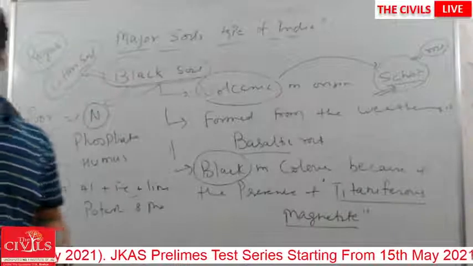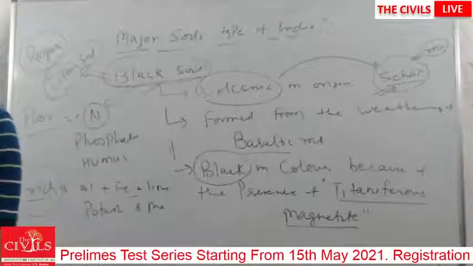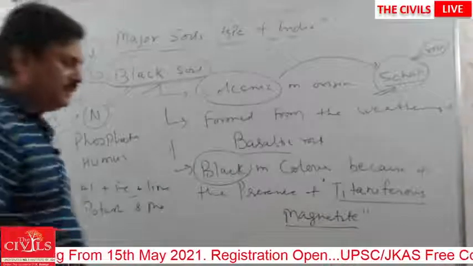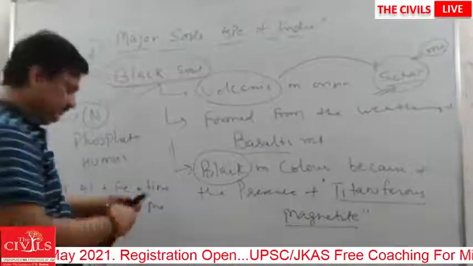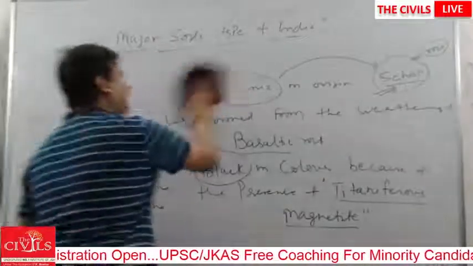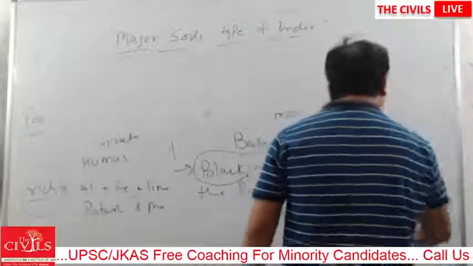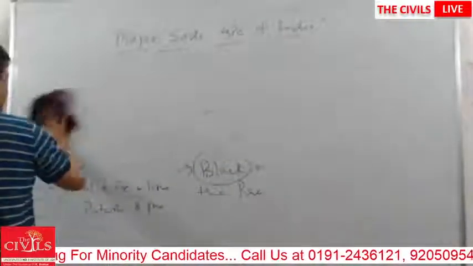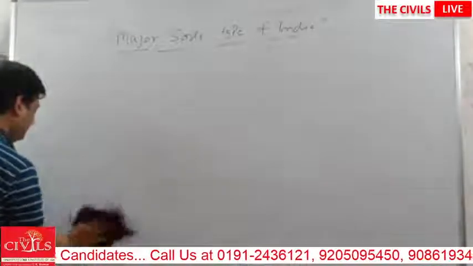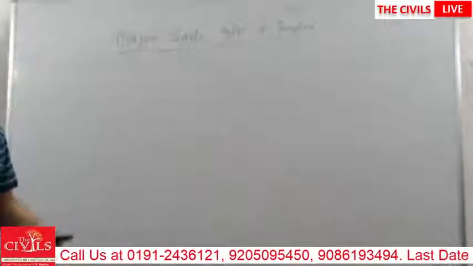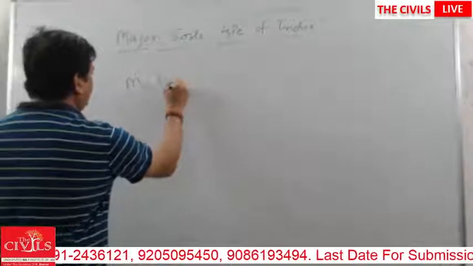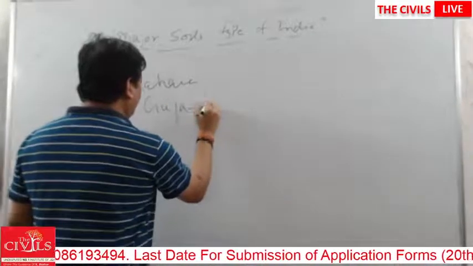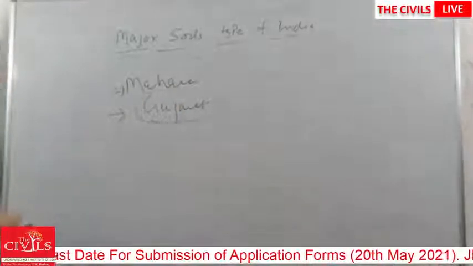Now, this soil is found in a large part of Maharashtra, then Gujarat, and in Gujarat it is found only on the Kathiawar Plateau.